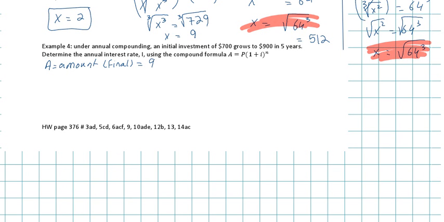P is the principal amount, so what you started with. N is the number of years. So how many years have you put the investment in? 5.